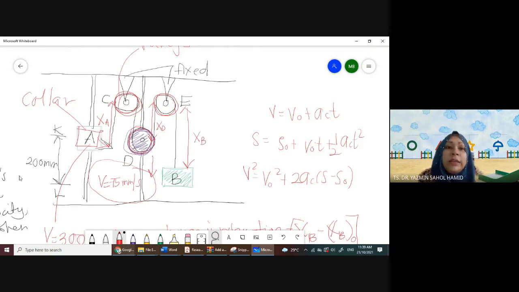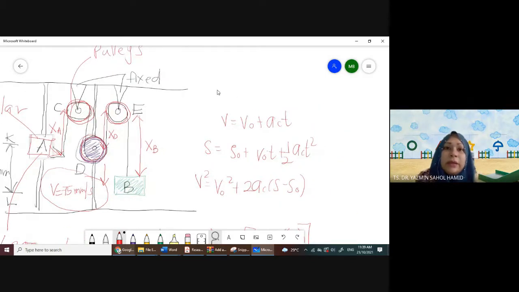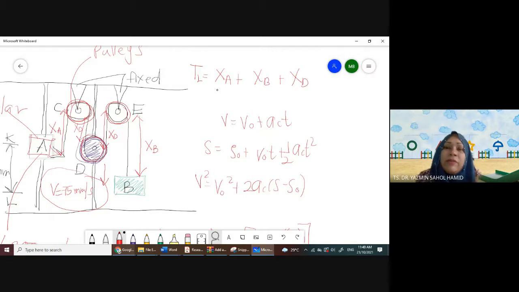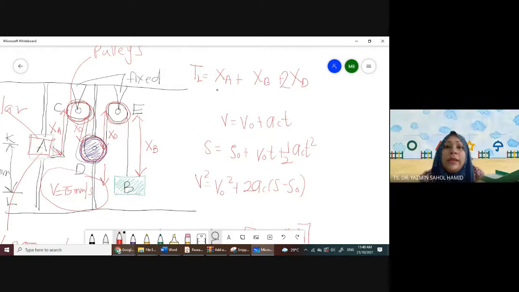So the total length of the string will be TL, which means XA plus XB plus XD. But if you notice, there are two XD, the same length, right? So in front of XD, you must have the value 2. Okay, good.